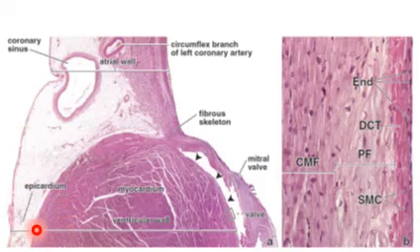As I stated previously, the bulk of the heart is composed of cardiac muscle fibers, and we call it the myocardium. The thickness of the wall of the heart varies between the atria and the ventricles, and even between the ventricles.